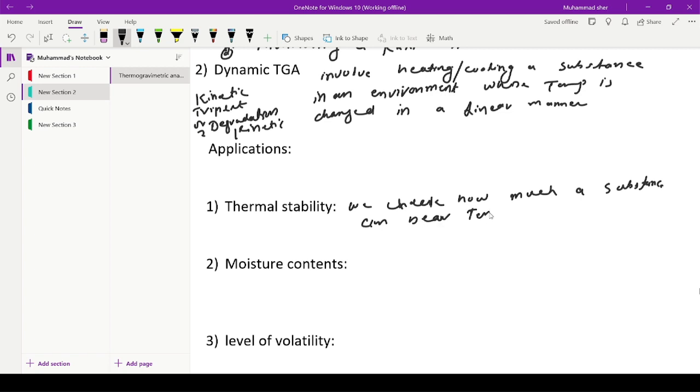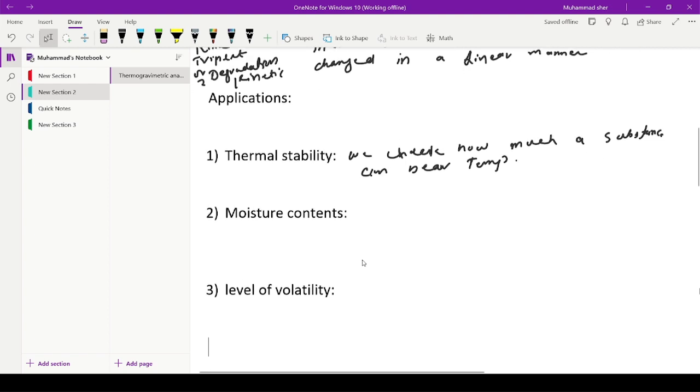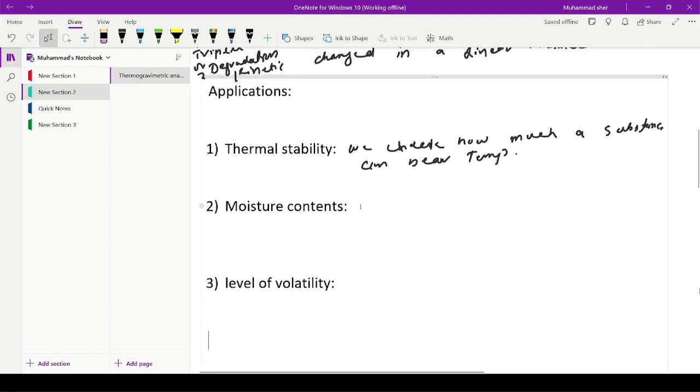For example, if we are talking about metal, there is a certain limit for every compound or every metal up to which it will bear the temperature, and after that it will go into degradation. So we can check the thermal stability of any compound by using the thermogravimetric analysis.